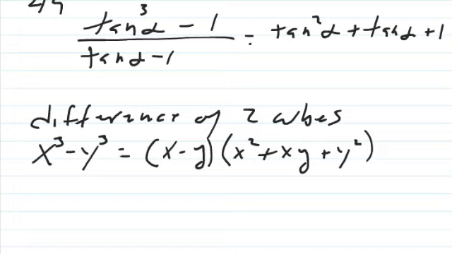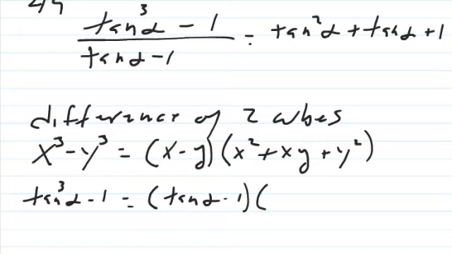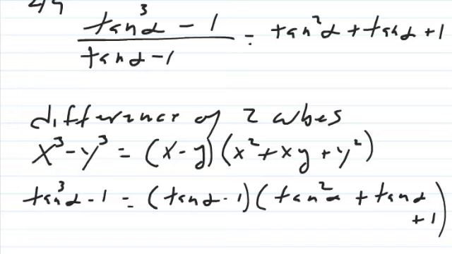Now, we see that tangent cubed alpha minus 1 fits this pattern. We can substitute in tangent cubed alpha minus 1 is equal to tangent alpha minus 1 times tangent squared alpha plus tangent alpha plus 1. Okay? That fits the form of the difference of two cubes.